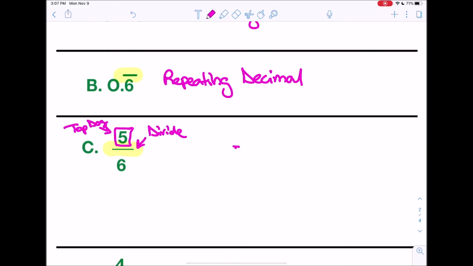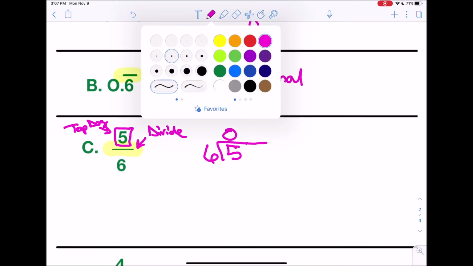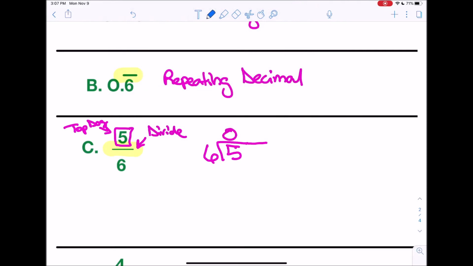So that means 5 will go in the house and 6 is on the outside. 6 is bigger than 5, so it does not go into 5, and I'm going to put a 0. We still need to divide though, so I'm going to have to add a decimal so that I can add zeros. All right, so 6 goes into 50 8 times, and that is 48. I subtract, and I get a remainder of 2.